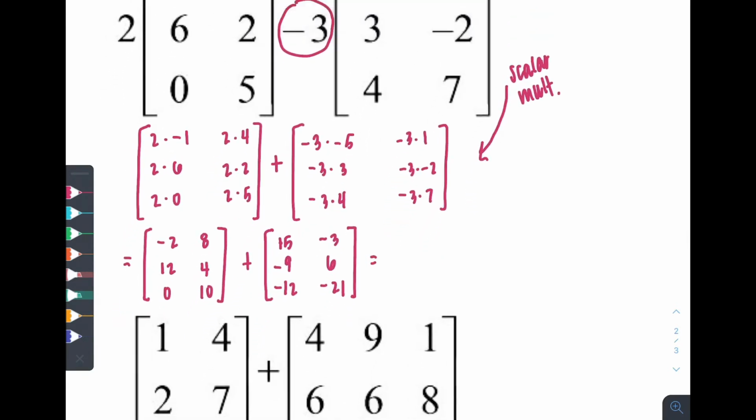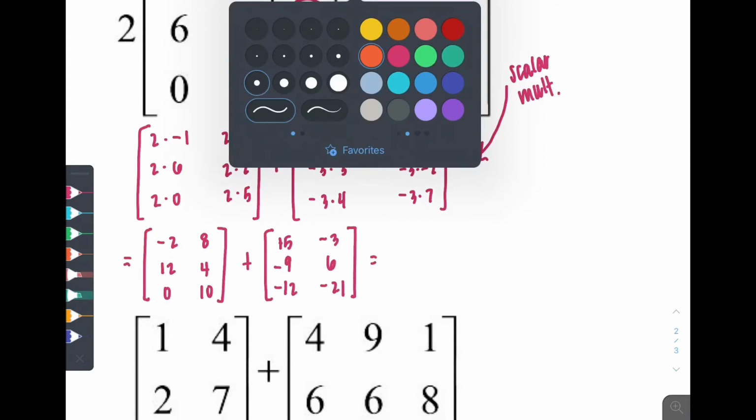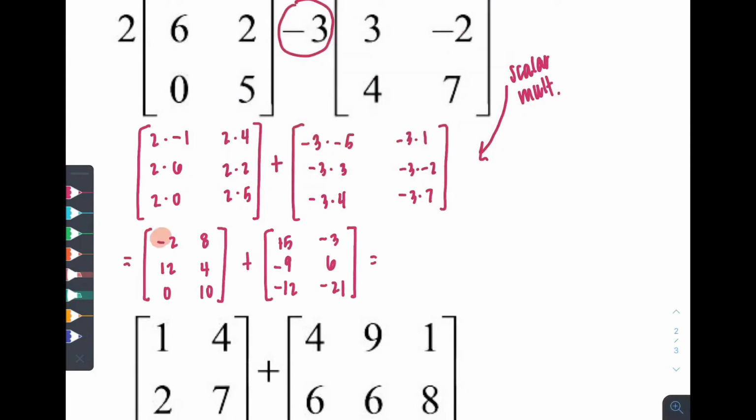So we are adding corresponding values. So let's make this a little smaller. So we're adding this together with this, and so on and so forth. So each of those are getting added with their corresponding value. So A11 is getting added with A11, and so on and so forth. So I'm going to go ahead and write this out so we have it.